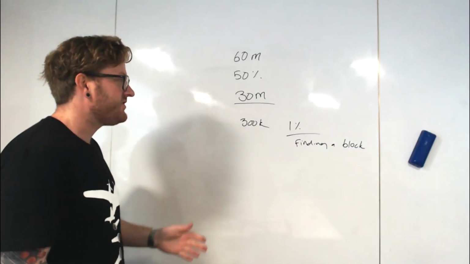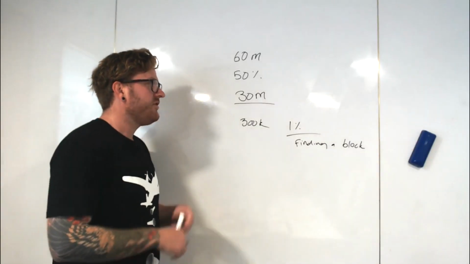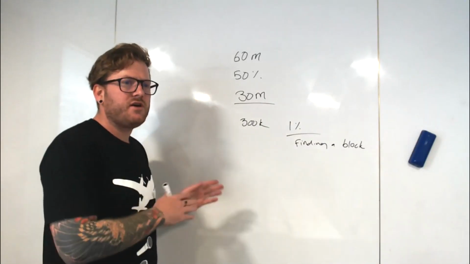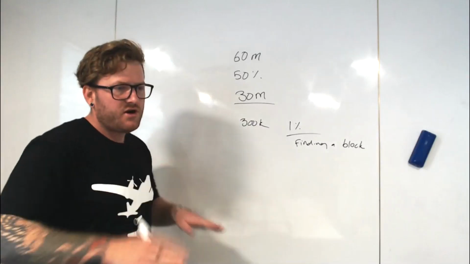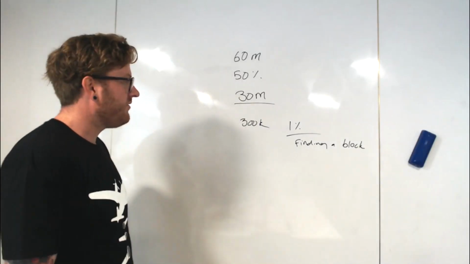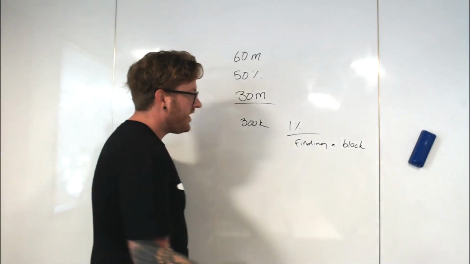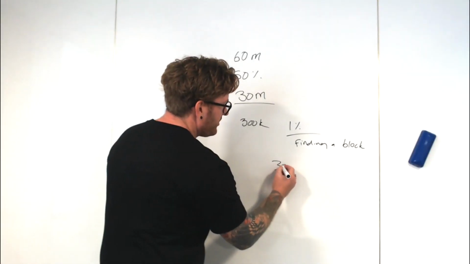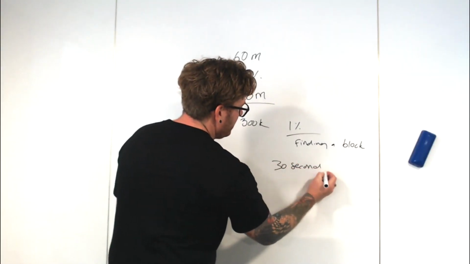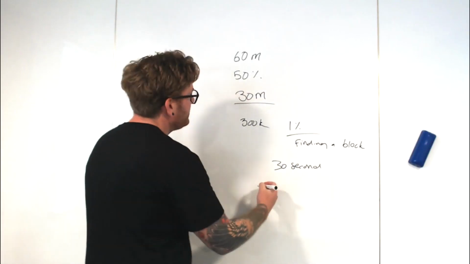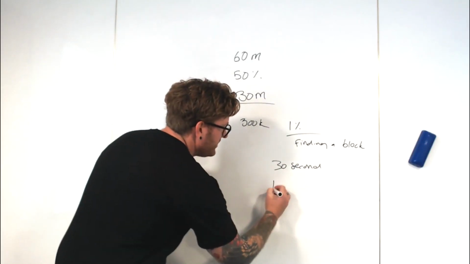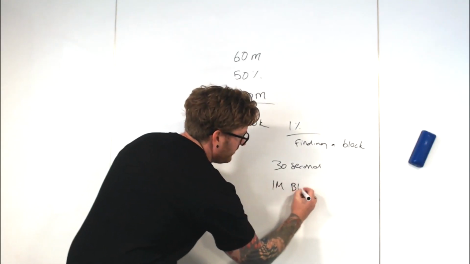The distribution is not quite even, but over time, with the randomness, I'll find 1% of the blocks that are minted. And we have 30-second blocks, which is a little bit more than this, but again, I'm just going to approximate. It is about 1 million blocks per year.